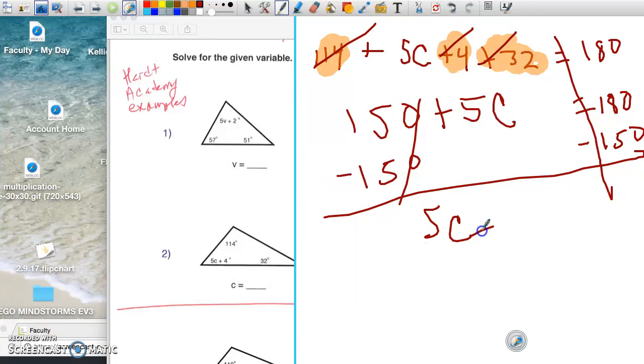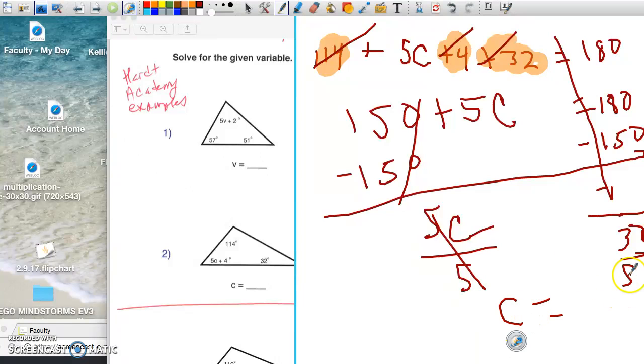I now have 5C equals 180 minus 150. I think we got 30, right? Now to get C by itself, I will divide by 5. It's going to cancel out. C equals 30 divided by 5, which is 6. Voila!